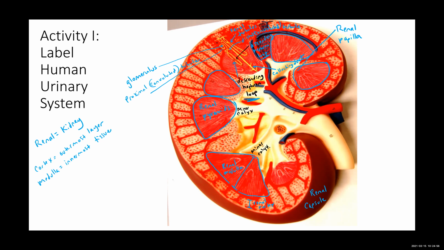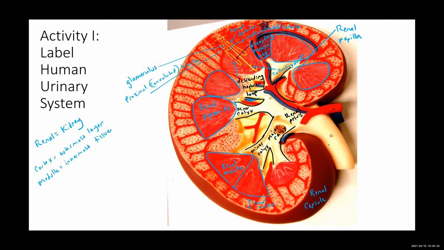Where you have maybe multiple minor calyxes filtering into one opening, you would call that the major calyx. And so where you would have several major calyxes filtering into one space here, we call this the renal pelvis.